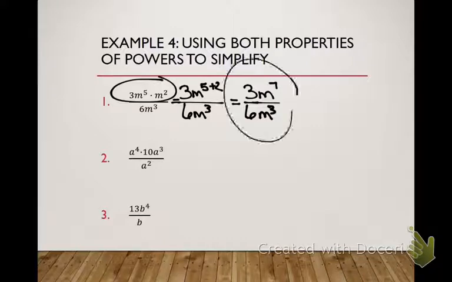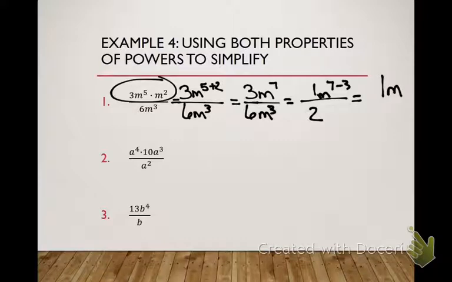So now I'm dividing, and I can reduce my fraction and subtract my common exponents. All right, so 3/6 can reduce to what? 1/2. And 7 minus 3 is 4. Does my m to the 4th go on top or bottom? Top. It goes on top.